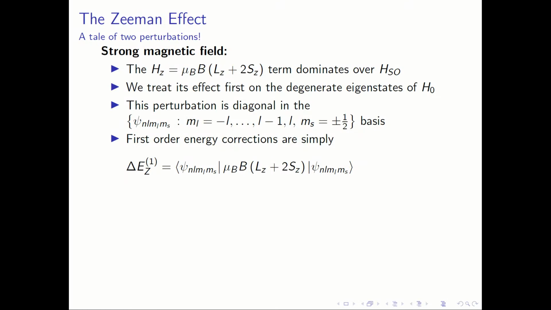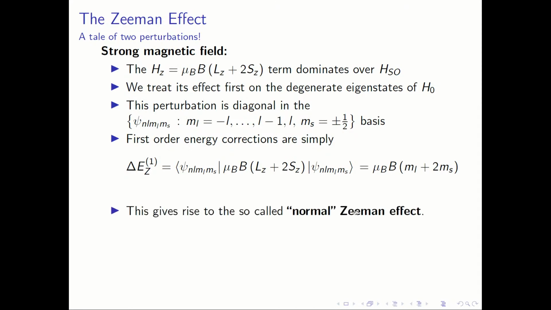All you have to do is take the expectation values, because you know that they are going to be your first order energy corrections. And these expectation values are trivial to calculate. Lz gives rise to ml ħ, Sz gives twice ms ħ, and okay, I missed out an ħ factor here, but apart from an ħ factor, this is essentially what you will get.